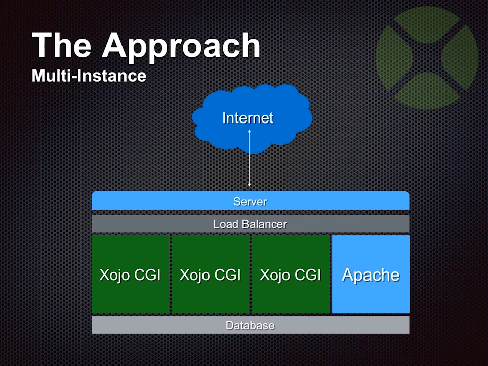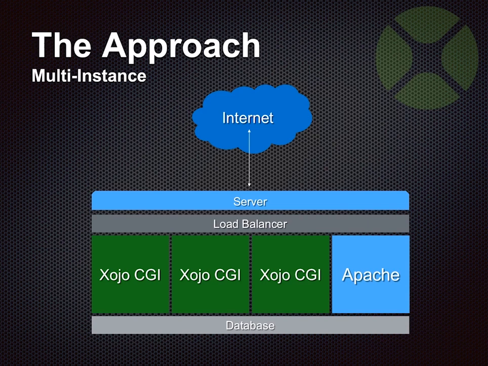So I insert a load balancer in here. This is one server. I insert a load balancer listening on port 80 or wherever you're listening, and then run multiple instances of the same exact, I say CGI here, that's a typo, that should be Xojo standalone. So I'm running multiple instances of standalone apps. Each one runs on its own processor.